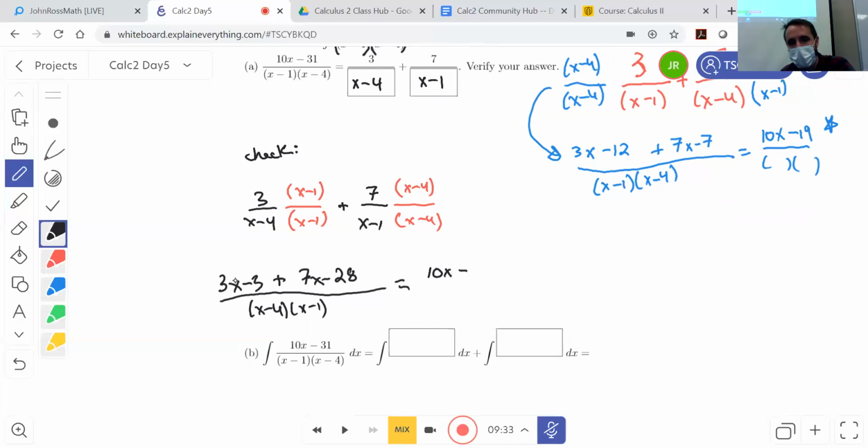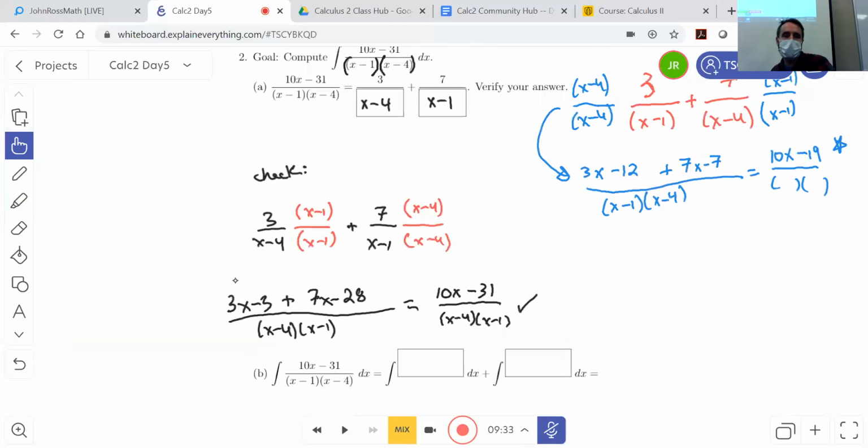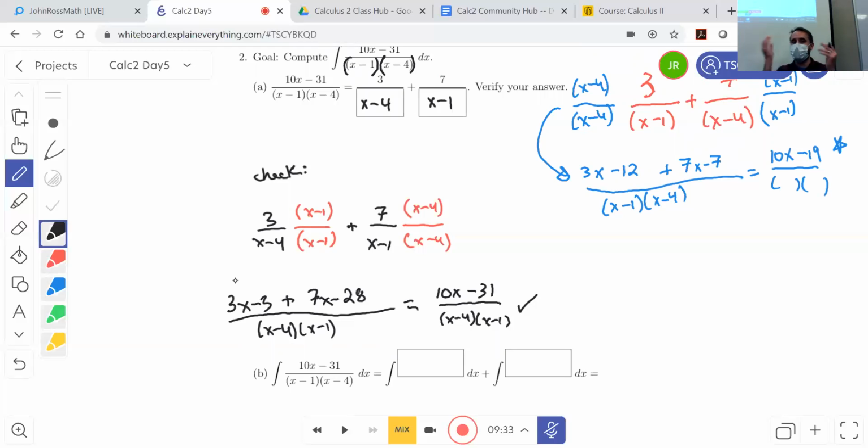We get negative 31. And that's exactly what we were hoping to get here. So if we had this framework given to us already up above, the knowledge that this would become 3 divided by something plus 7 divided by something, just using some guess and check and trying to break up the denominator from its multiplication of terms into its separate pieces, we'd end up seeing that we can break it up in this way.